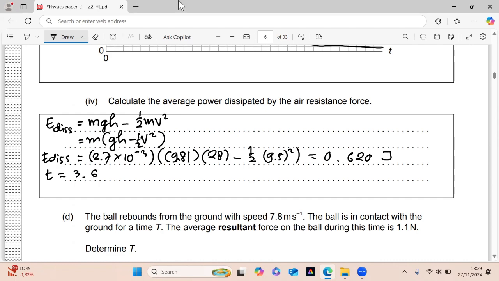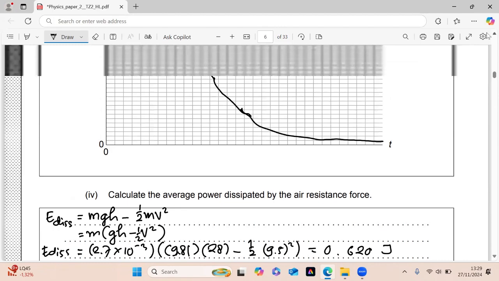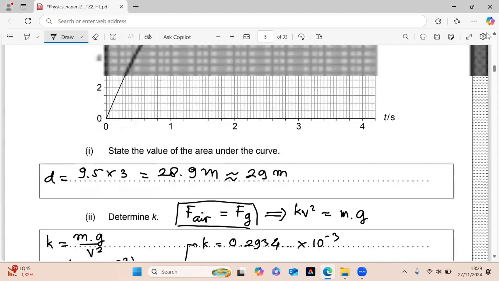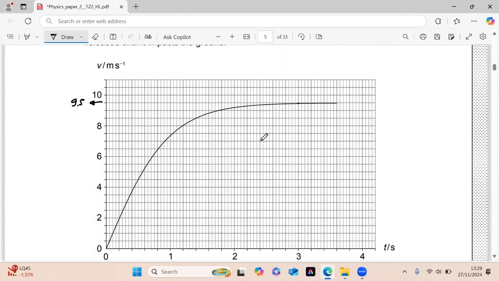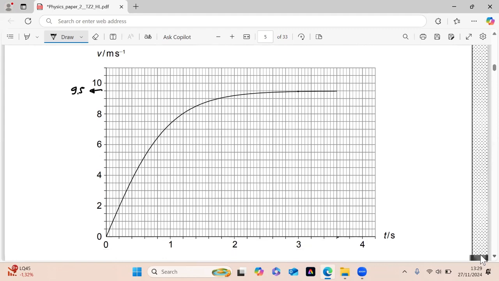As you can see here on the graph, it stopped at this point, 3.6, this one, 3.6.